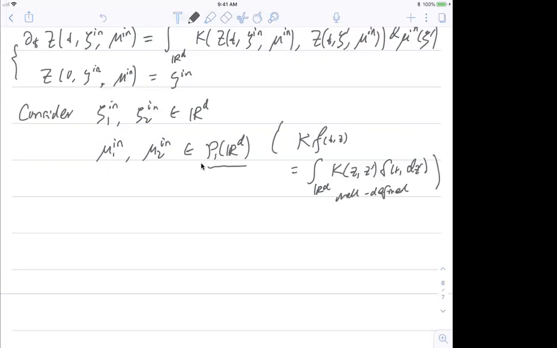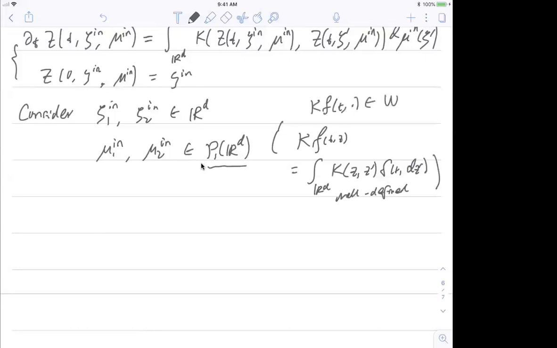Not only is it well defined, but it is also Lipschitz, because k itself is Lipschitz. Since the kernel k is Lipschitz, the integral operator is Lipschitz.